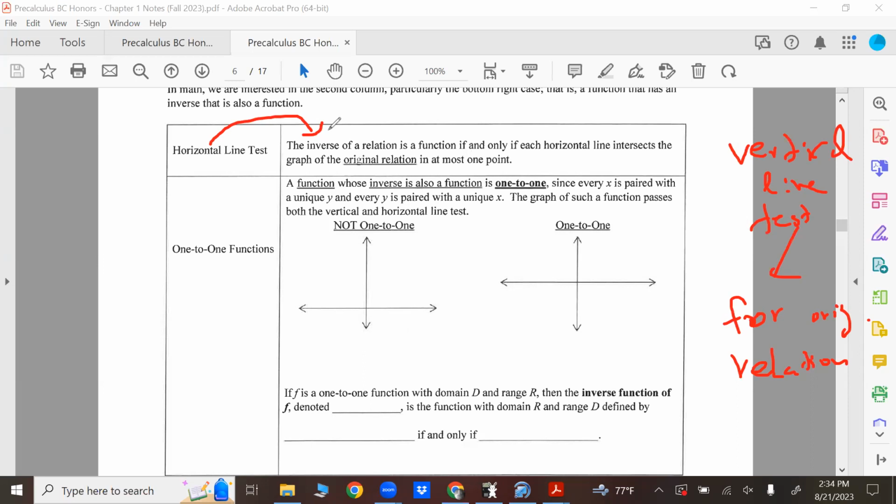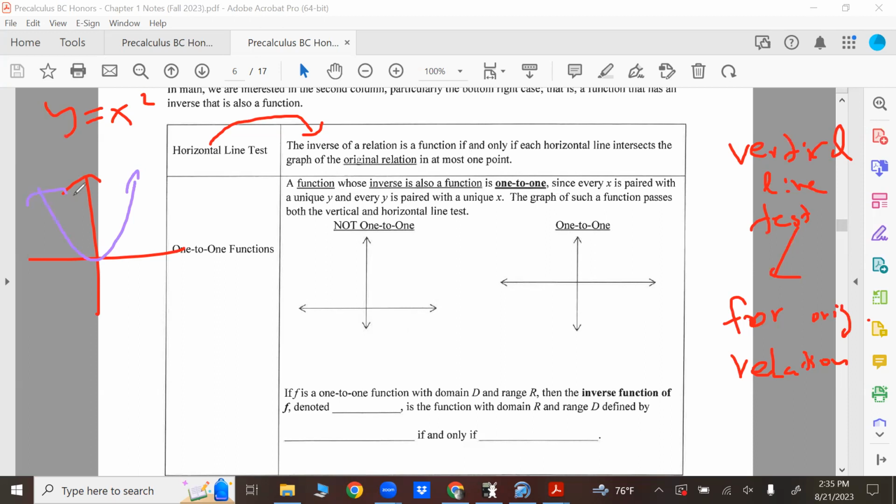And again, if it passes the vertical line test for the original, then the original is a function. If the horizontal line test passes for the original function, then the inverse is a function. Let me give you a good example again. Y equals x squared, right? Does that pass the vertical line test? Yes. So the original relationship is a function, but would the inverse be a function?